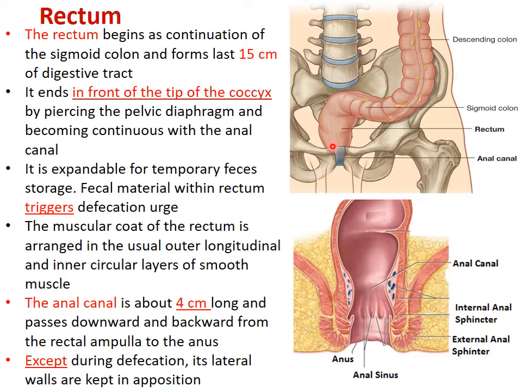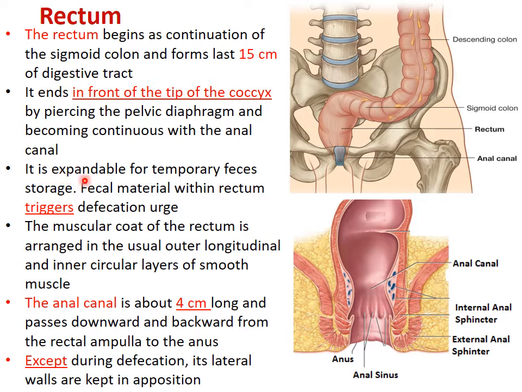This is composed of levator ani muscles, different ones. After piercing, it goes to the perineal region, and there it becomes continuous as the anal canal, which is the last part. So above the pelvic diaphragm, the structure is the very straight rectum, and below the pelvic diaphragm it is the anal canal.